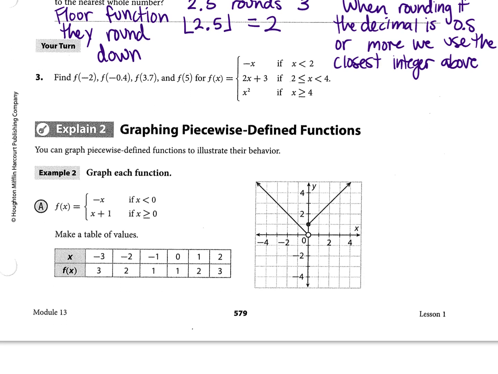Find f of negative 2, f of negative 0.4, f of 3.7, and f of 5 for these piecewise functions. Negative 2 is below 2, so we're going to plug it into that top function.